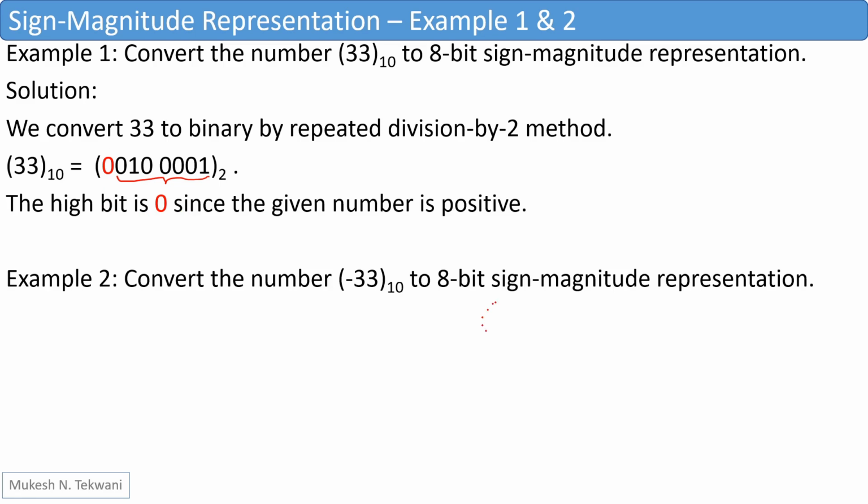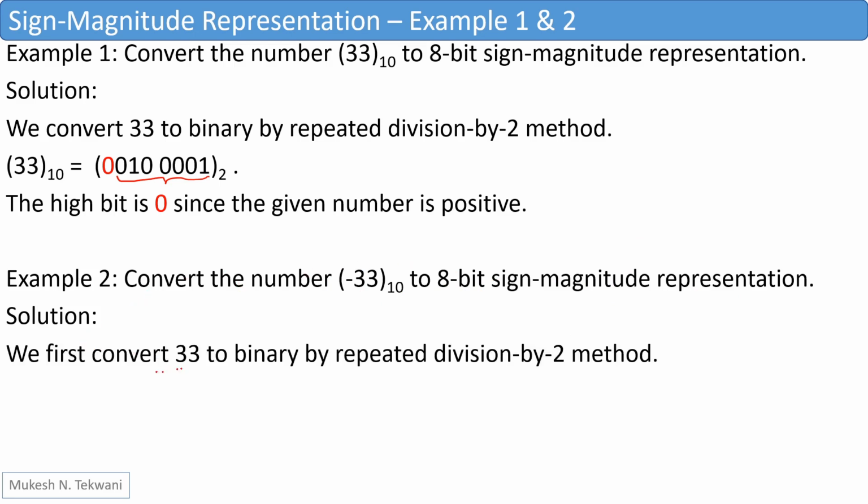Let us take another number. Here we have the number minus 33. We want to represent this as an 8-bit sign magnitude representation. Again, we will first take the number 33, convert it into the binary form, and we will have the same binary value as we had in the earlier example. This becomes our binary value, but in this case we write the sign bit as 1 because we want to represent this as a negative number.